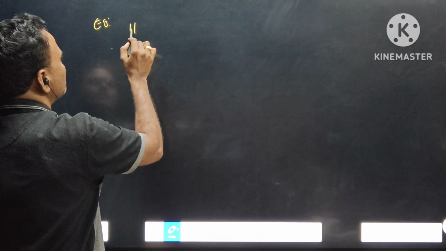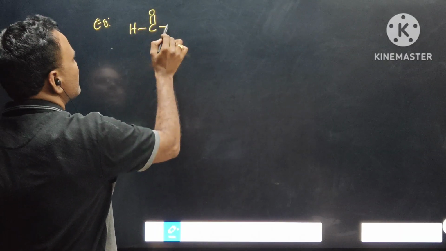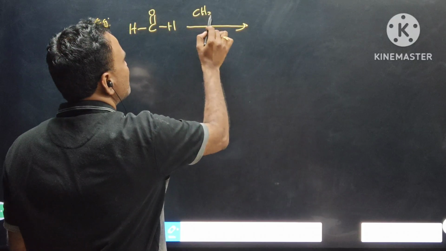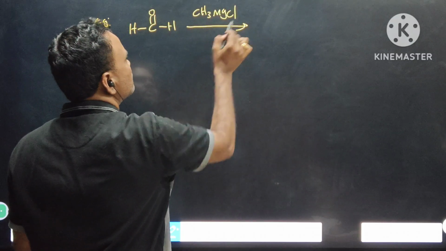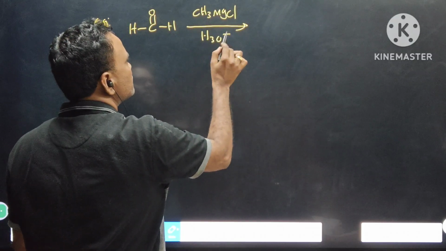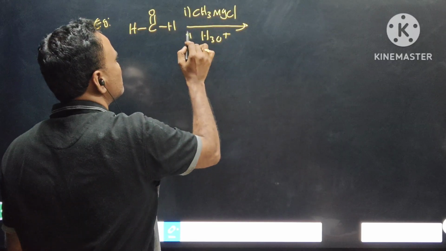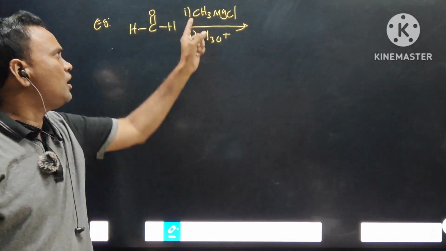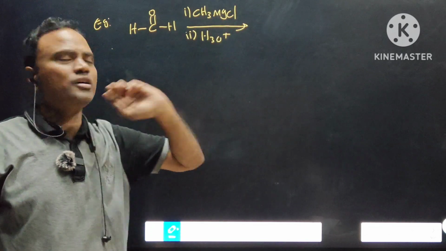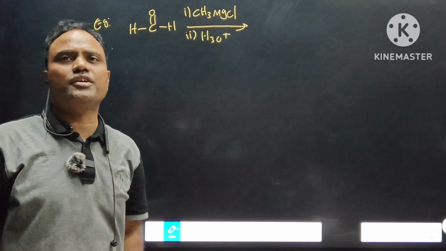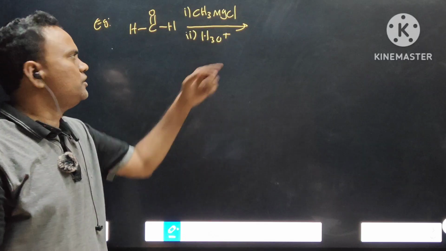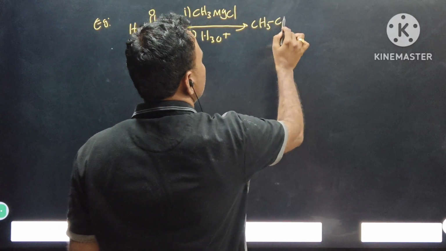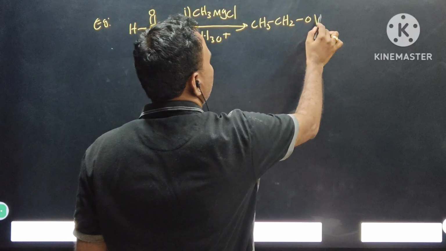That is better. I'm adding methyl magnesium chloride, then H3O plus, steps 1 and 2. See the product, CH3CH2OH, primary alcohol.